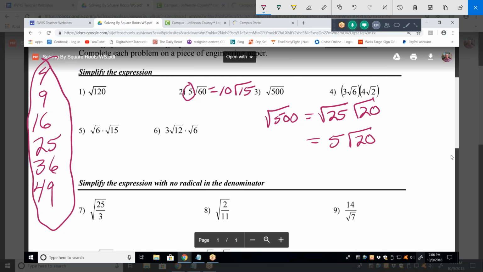But root 20 can be simplified, because notice that 20 is 4 times 5. So now I can write that as 5 times root 4 times root 5. See how the 20 factored into 4 times 5? Okay, and that square root of 4 becomes a 2. 2 times 5 is 10.